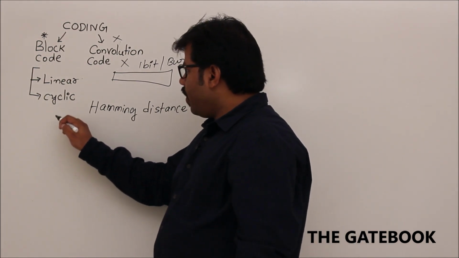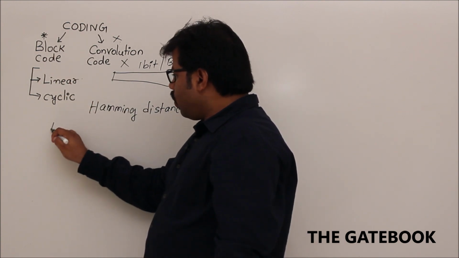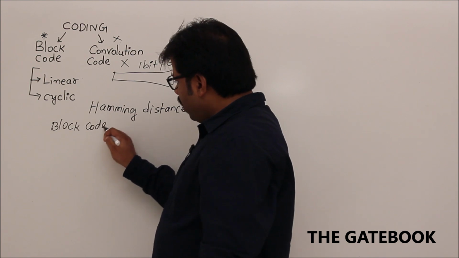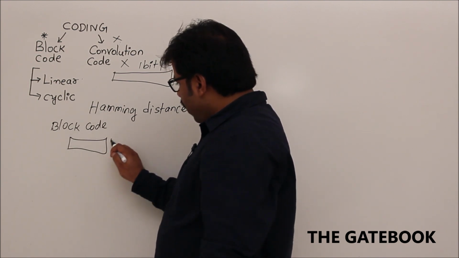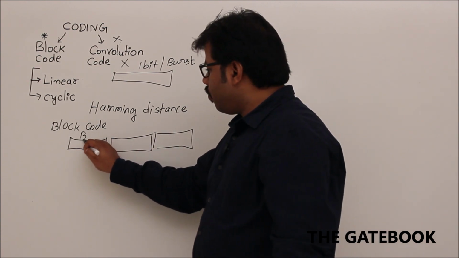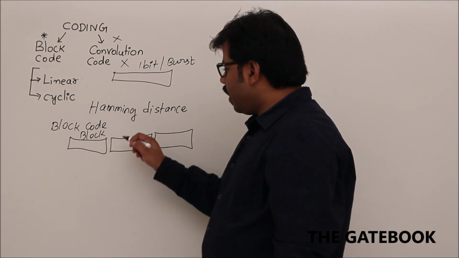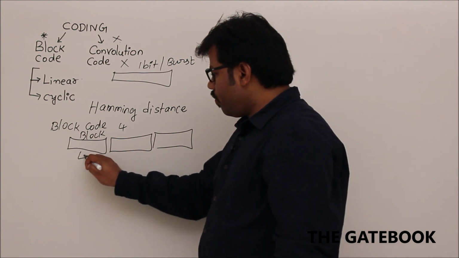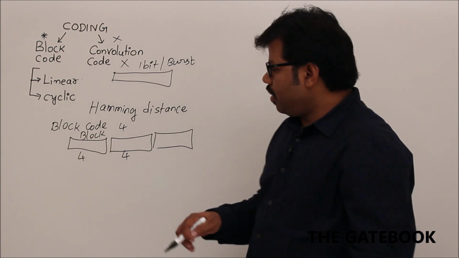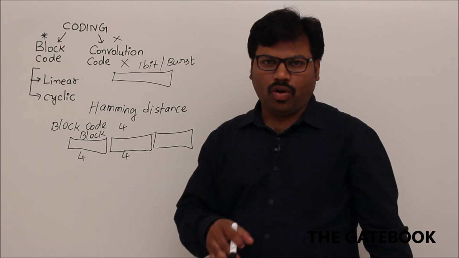For example, let's say you have a block code. Block code means what, sir? Block code is a code where your message is divided into particular blocks. Maybe I can assume that each block size is 4. And each block is coded separately. That means there is no relationship between the blocks.